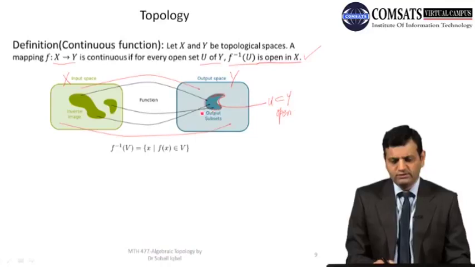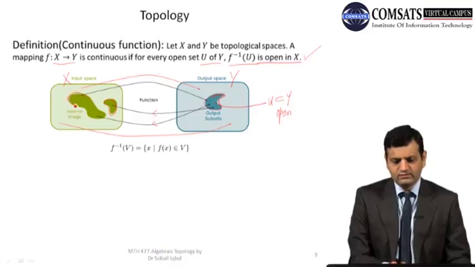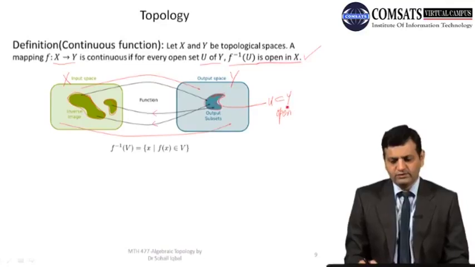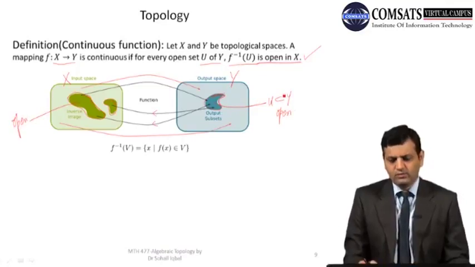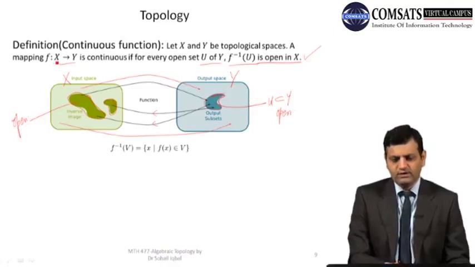The inverse image of this is this shaded area in X. So if for U open, this inverse image is open, and if this happens for each and every open set in Y, then we say that this mapping is continuous. So let's consider some examples.